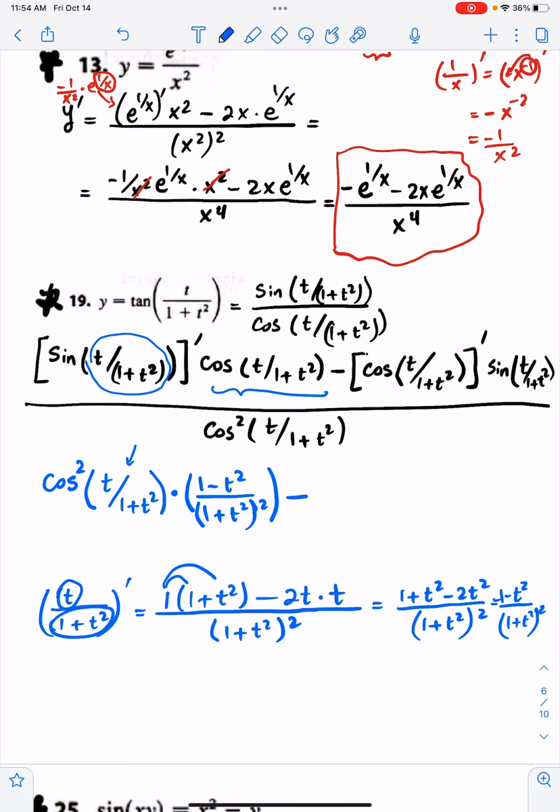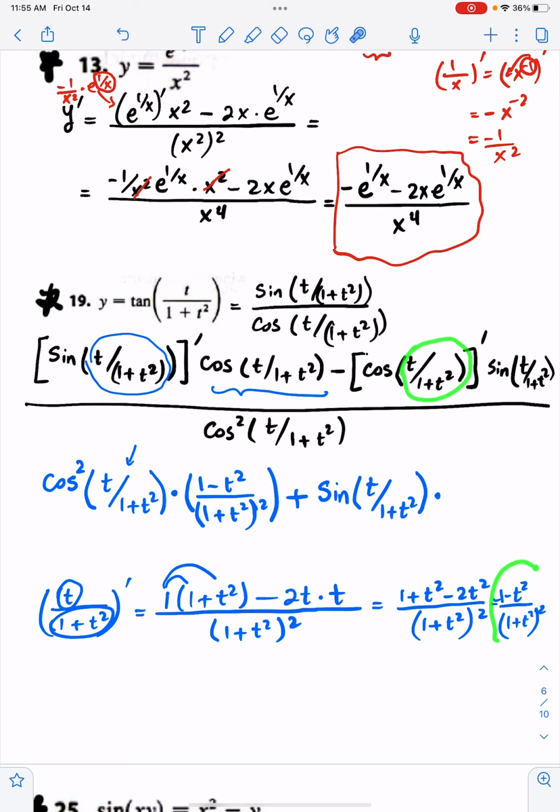Minus, now going to this piece, derivative of cosine of, imagine the box. Cosine of the box, derivative of cosine is negative sine, so this turns out to be plus sine of t over 1 plus t squared times derivative of inside.